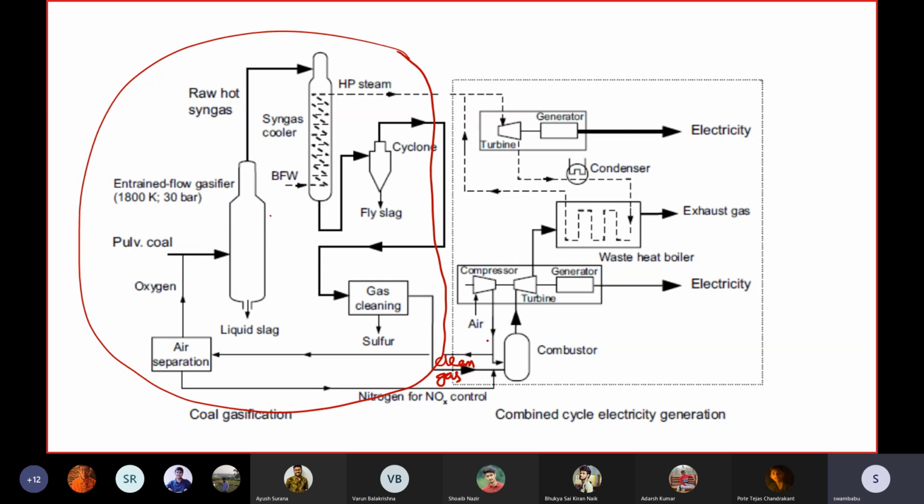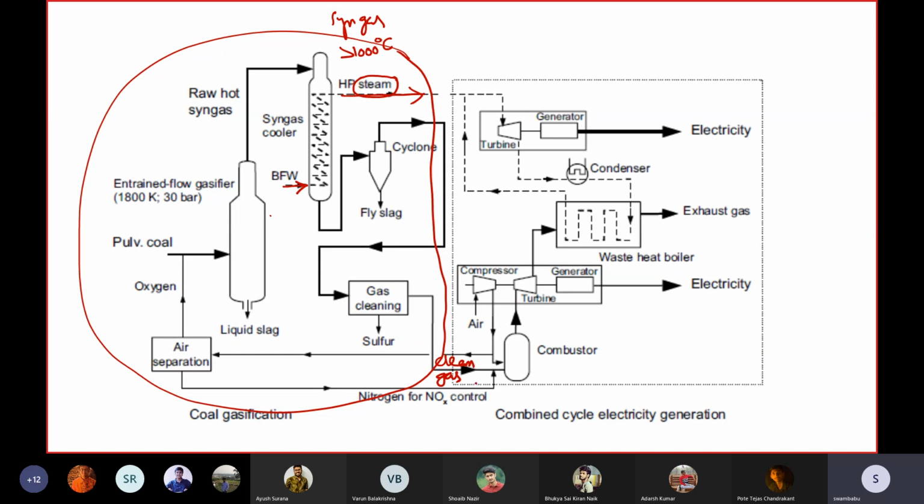The clean gas comes from here, and since the syngas coming out of this reactor is very hot, about 1000 degrees centigrade, we can also use it to produce steam. Using a simple heat exchanger, they send in boiler feed water and get steam.